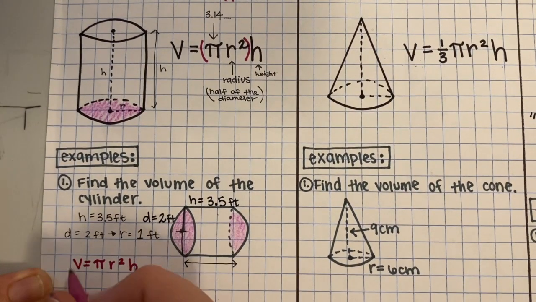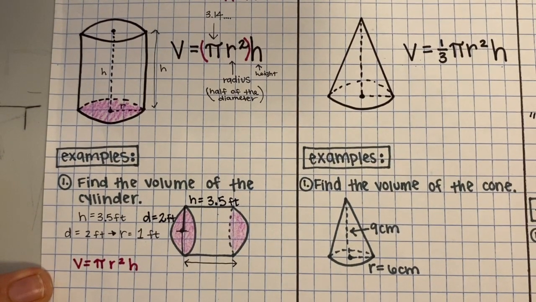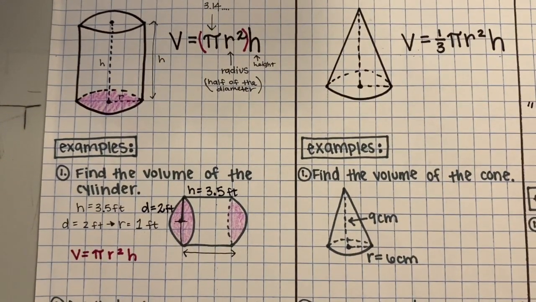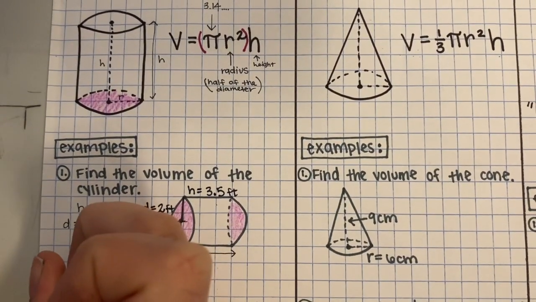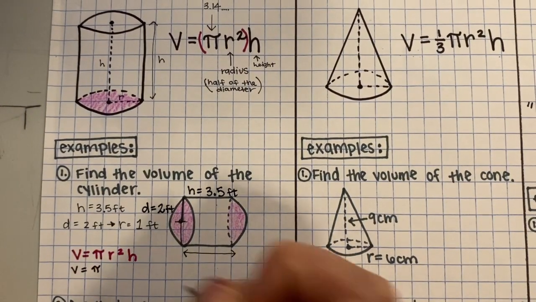So first, let's plug in what we know. I know volume is what we're looking for. I'm going to leave pi as pi.